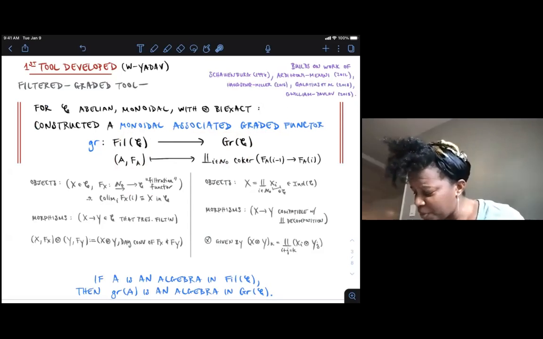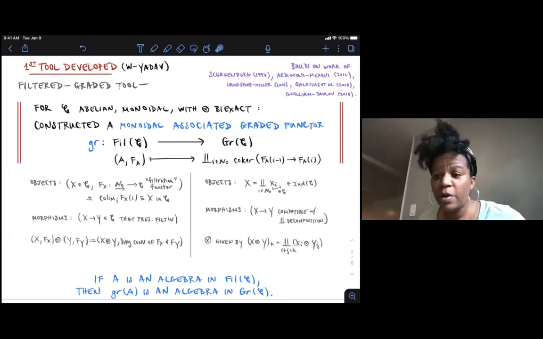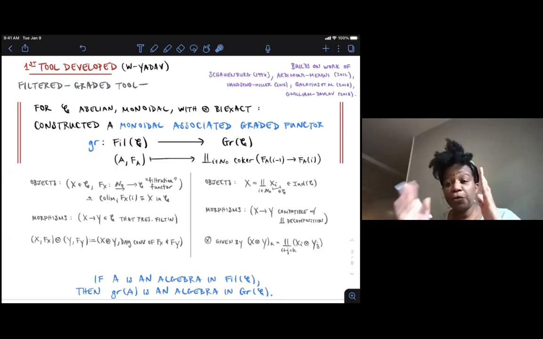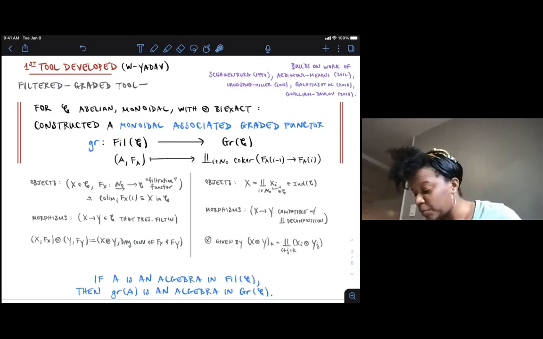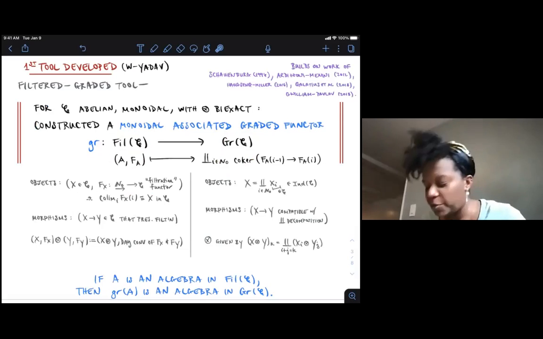We take C, an abelian monoidal category with a biexact tensor product, meaning that the bifunctor is exact in each slot. And what we want to do is consider 2 categories consisting of filtered objects in C and graded objects. For Fil C, objects are just objects in C that come equipped with a filtration functor.